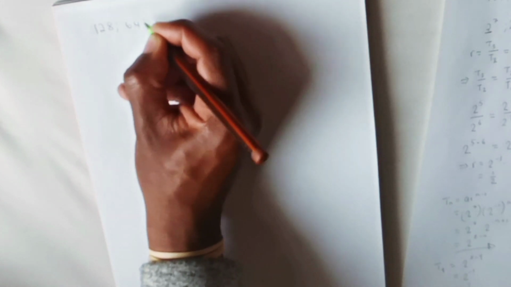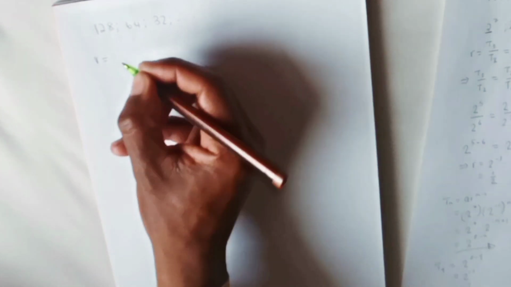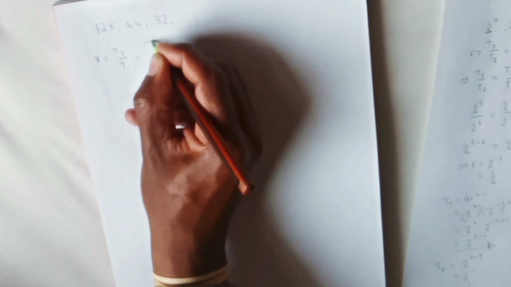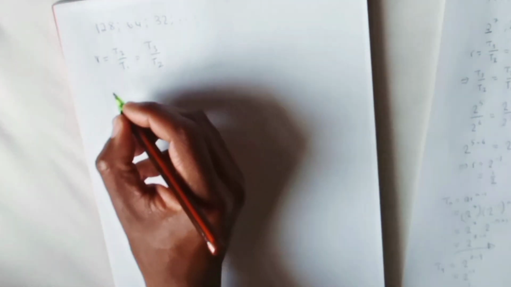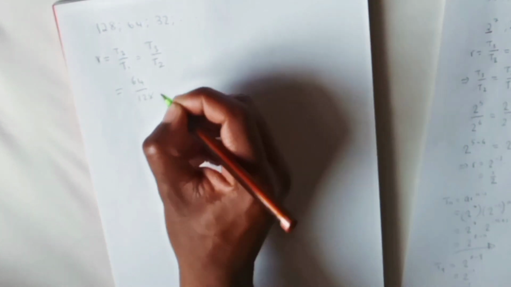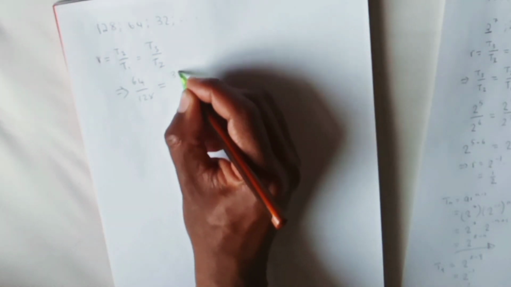Another way of doing this, since I said I'll show you two methods. You have this 128, 64, 32, and you just take the constant ratio, T2 over T1 equals T3 over T2, and this essentially means 64 over 128 must be equal to 32 over 64.